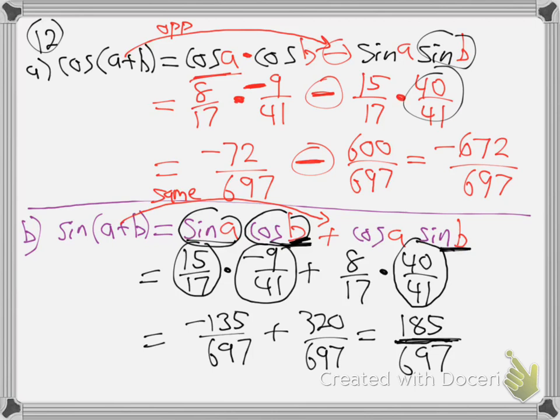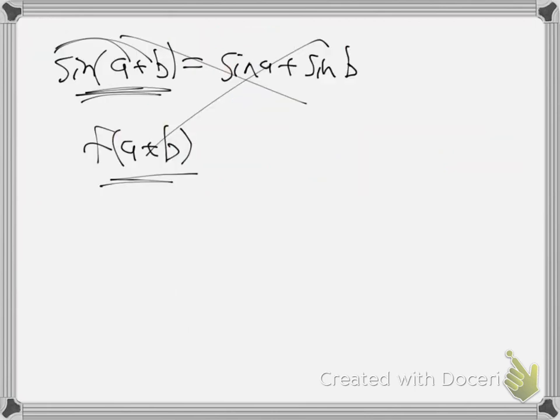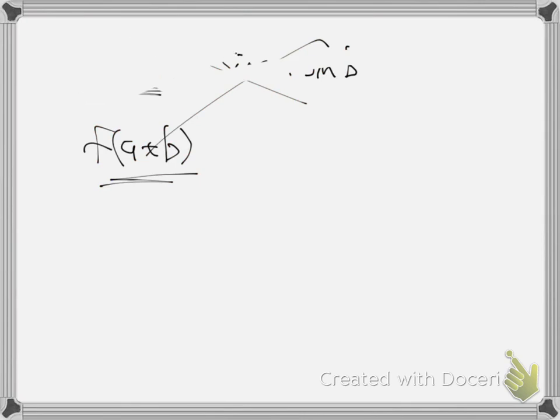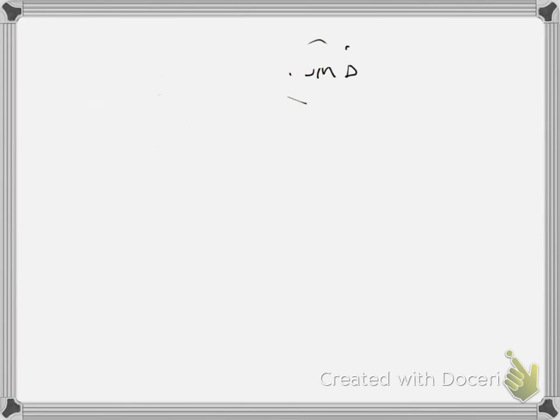Now we've got to do the tangent one. All right, and we're finally done with this problem. So part C, let's do the tangent one. So tangent of A plus B. And so that's not multiplication.